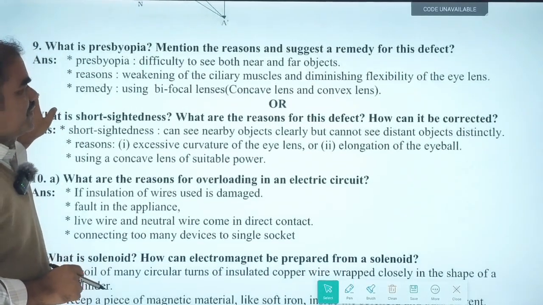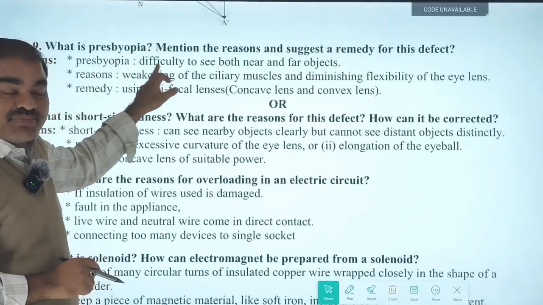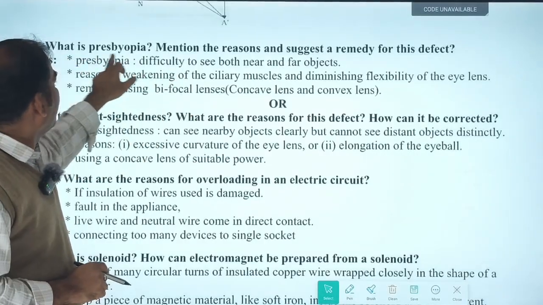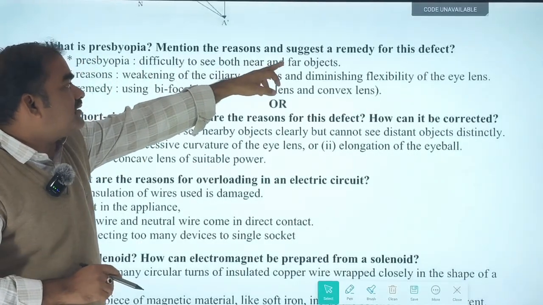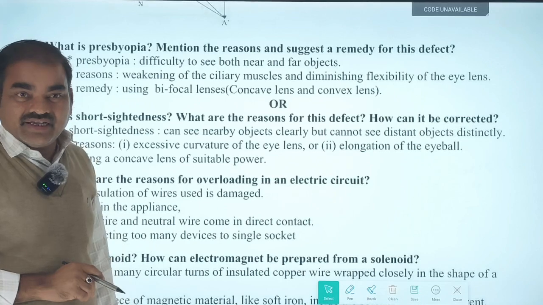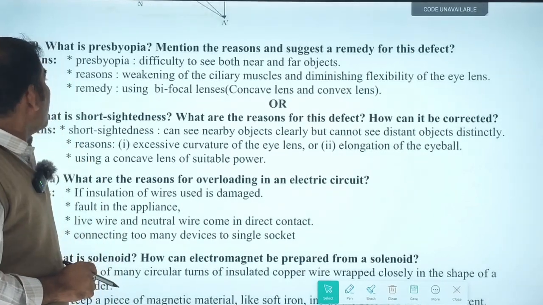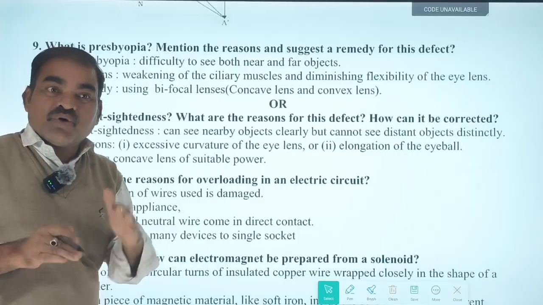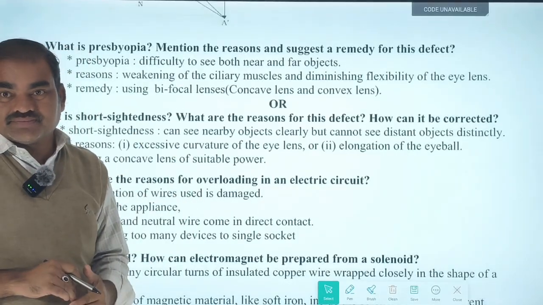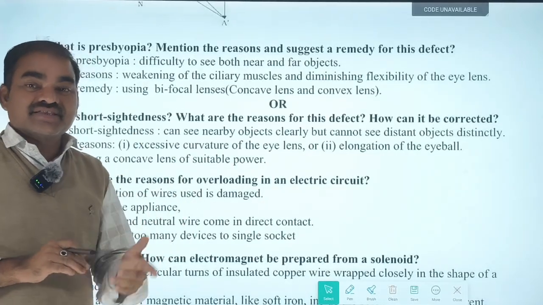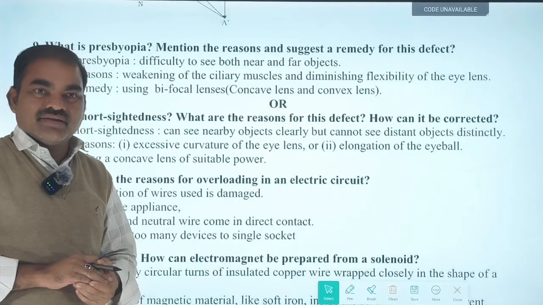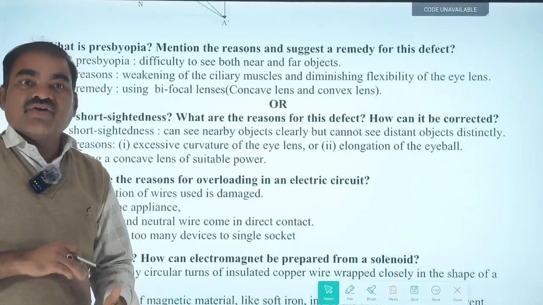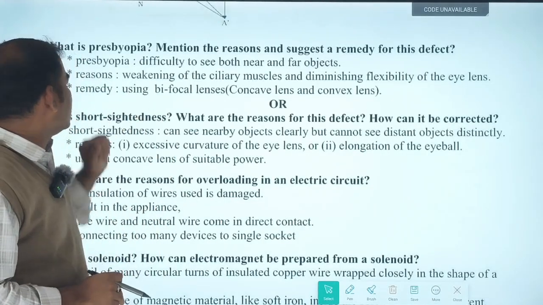Next question. What is presbyopia? Mention the reason and suggest a remedy for the defect. Presbyopia is difficulty to see both near and far objects. We have studied three cases: nearsightedness, farsightedness, and this is the third one.